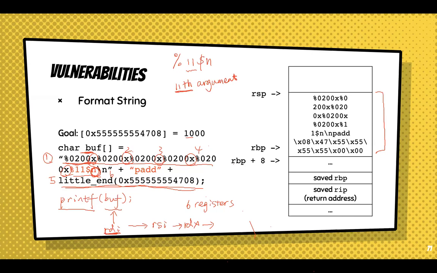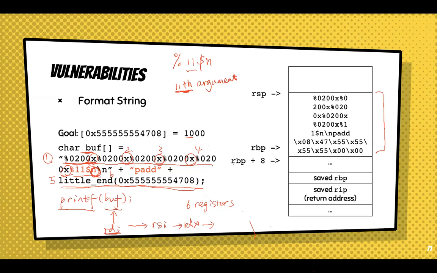We know that the first 6 arguments, including buff, come from registers. So for this to be the 11th, we need to start looking at the stack, and we know where the 11th argument is.